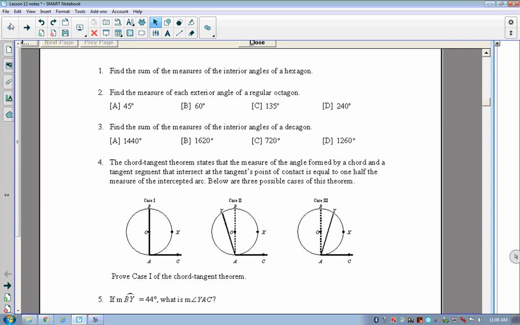Below are 3 possible cases of this theorem. Question number 4 says prove case 1 of the chord tangent theorem. Now this is a long proofy type answer, so I'm just going to read it to you, but I'm going to try to make it make sense as I go.